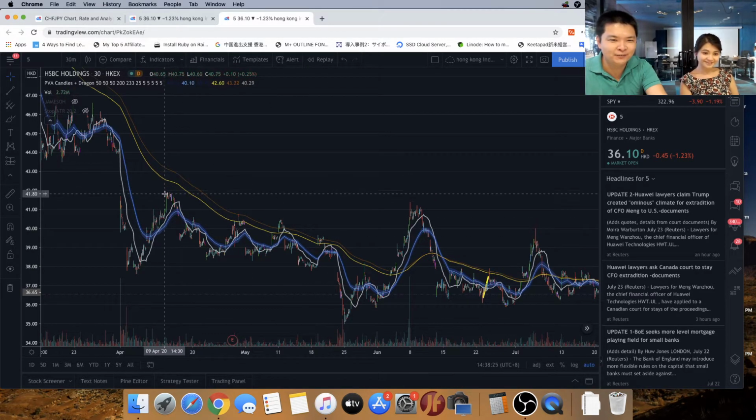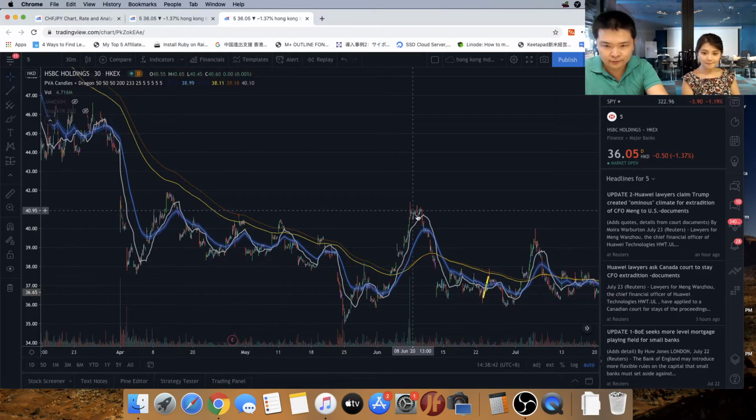It worked more or less here, here it worked perfectly, here more or less. Here it just broke a little bit, and here just a little bit. So more or less it serves as a resistance line. Here it broke it.